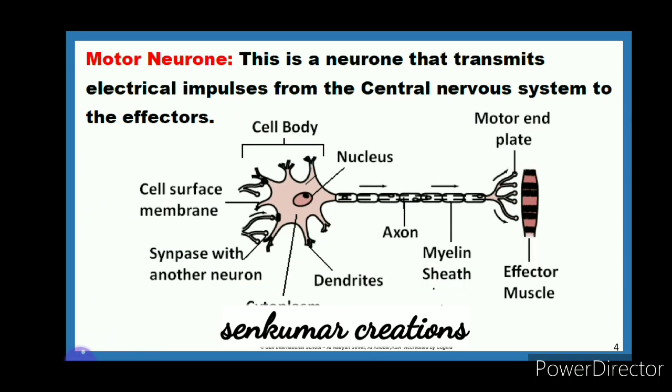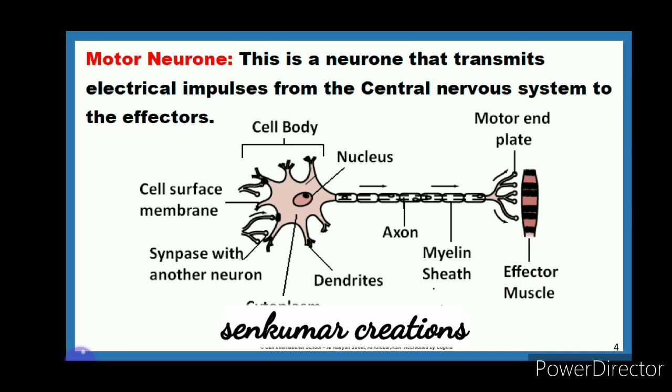Let us see first the motor neuron. You can see this neuron structure very clearly, right? This is a neuron that transmits electrical impulses from the central nervous system to the effectors. So from the brain or central nervous system, the impulses are taken to the effectors, the muscles or glands.